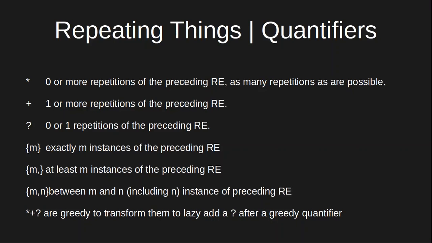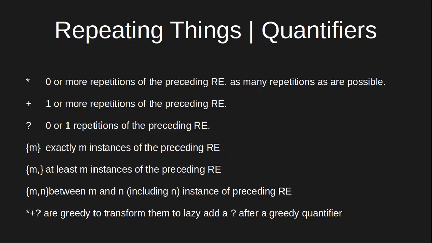Question mark, 0 or 1 repetition of the preceding regular expression. m in curly brackets matches exactly m instances of the preceding regular expression. m comma in curly brackets matches at least m instances. m comma n in curly brackets matches between m and n, including n, instances of the preceding regular expression.